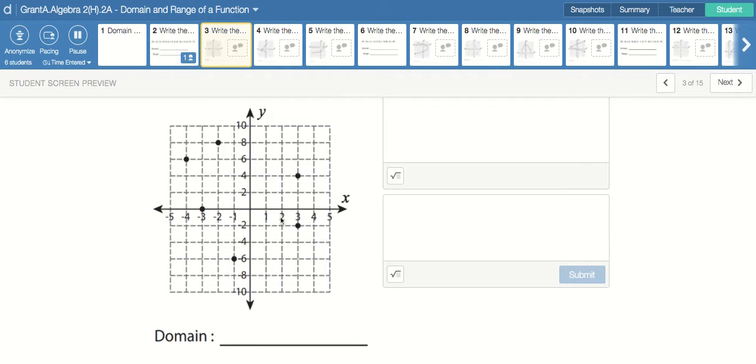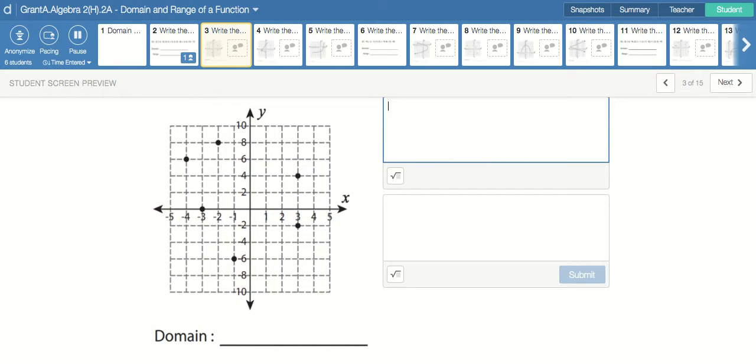When we have a graph, these are also just distinct points on the graph. Notice they're not connected by a line here. So I don't include any of the values in between here. I'm just talking about x values of -4, -3, -2, and so on and so forth, only at the x values where these points appear.